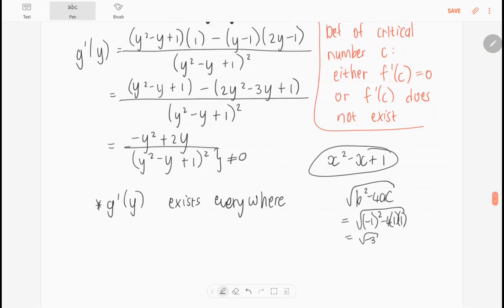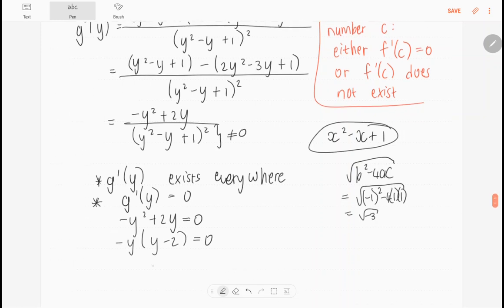The next thing was we wanted to check when it equals 0. So minus y squared plus 2y has to equal 0, because if the numerator equals 0, the entire thing equals 0. So take out y as a common factor: y times (y minus 2) equals 0.